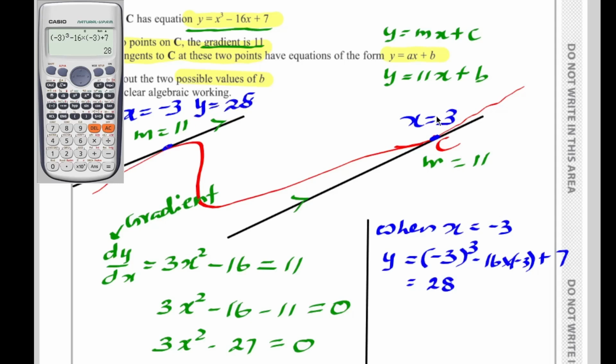Now we have another point. When x equals 3, we have to get what y is. So again, y equals 3 cubed, no need for brackets, y equals 3 cubed minus 16 into 3 plus 7.